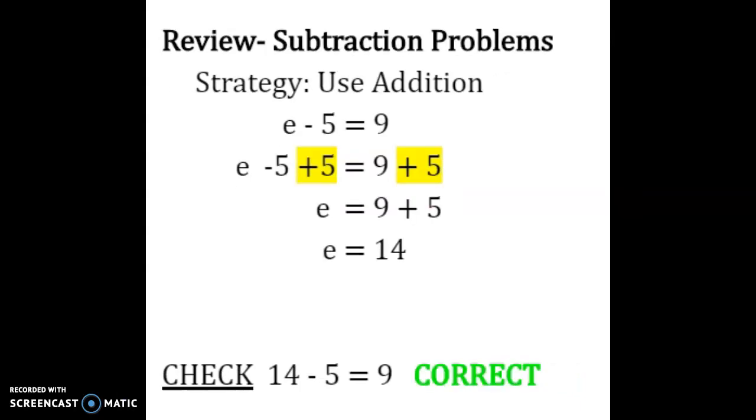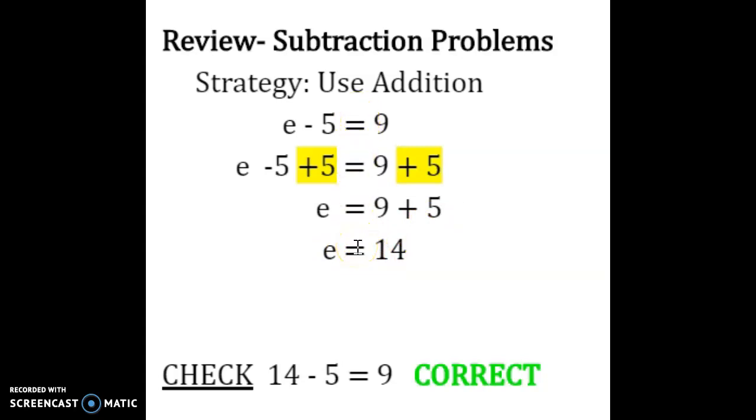Let's review subtraction problems. The strategy that we used for subtraction was to use addition, or the opposite. As we looked at our first problem, e minus 5 equaling 9, we noticed that we added a positive 5 to both sides of the equation, and that canceled itself out on the left side, leaving just e, and giving us 9 plus 5 equaling 14 on the right-hand side.